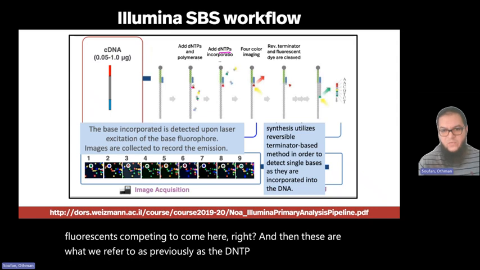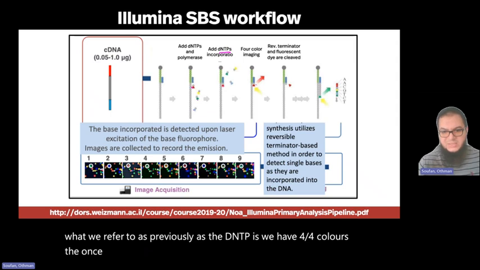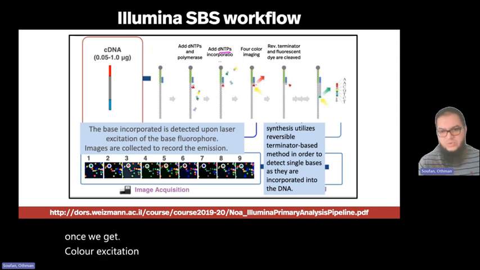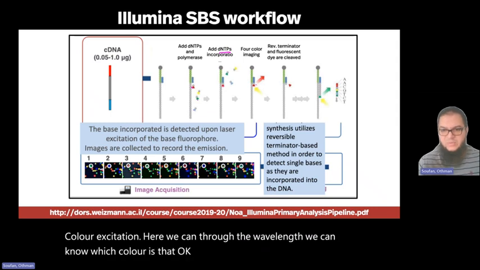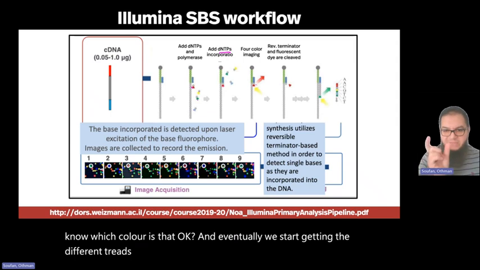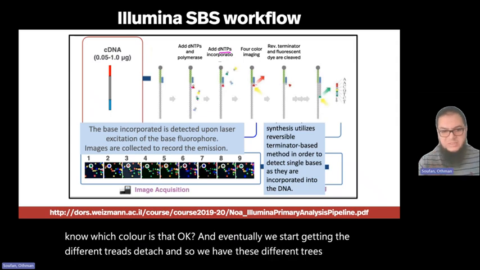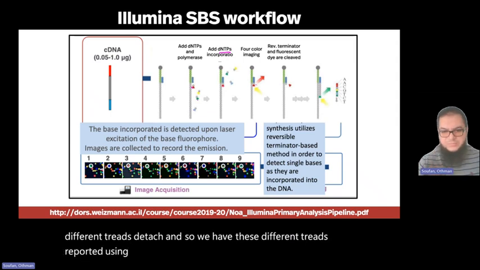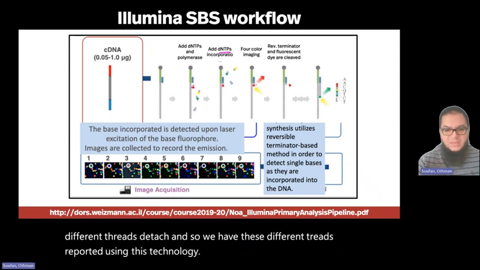We have four colors. Once we get the color excitation here, through the wavelength we can know which color that is, okay? And eventually we start getting the different reads detected. And so we have these different reads reported using this technology.